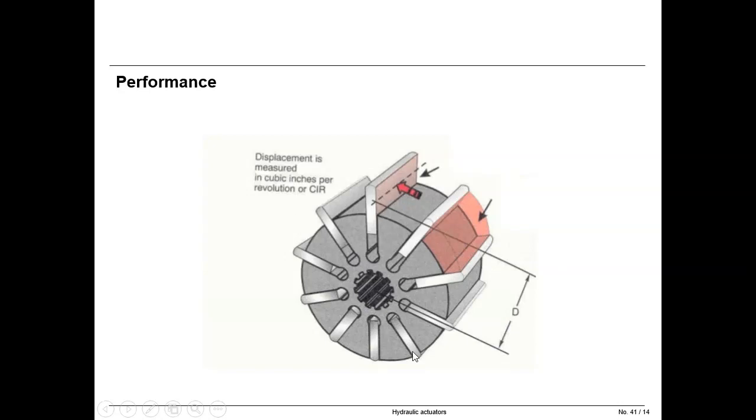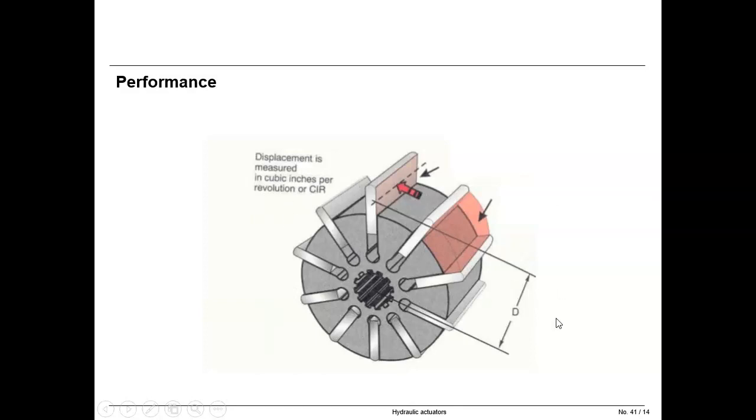And here, also regarding performance, this is a vane motor. You see here, this is the vane moving up and down, and based on the placing in the eccentric hole, displacement is measured in cubic inches per revolution.